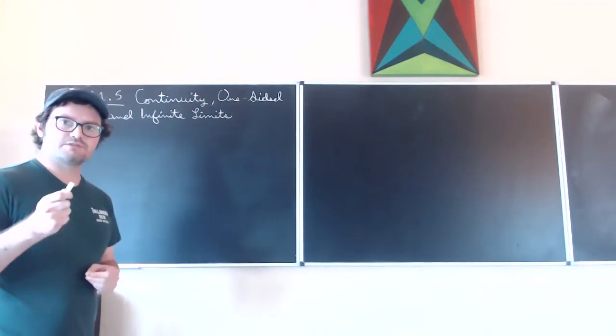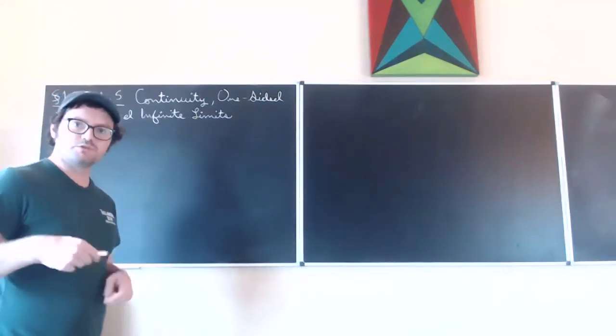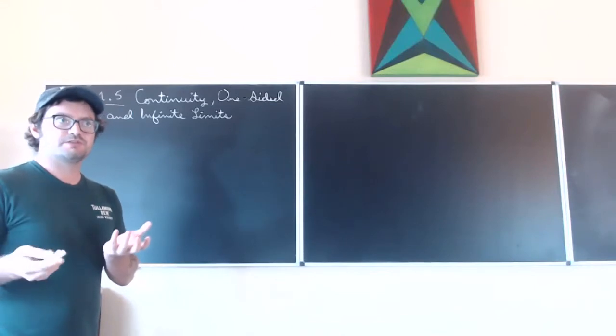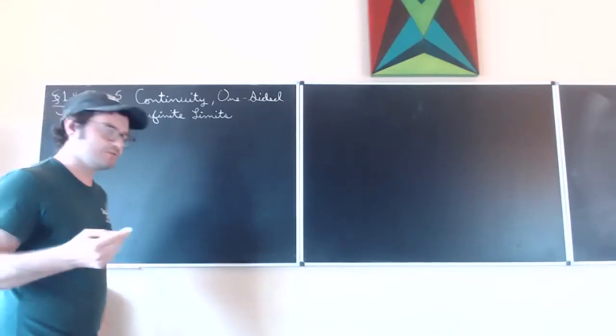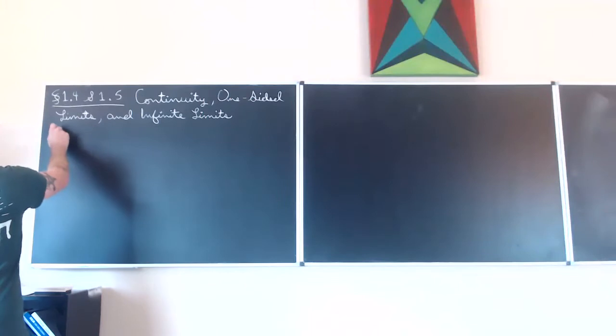So first, I'm going to give a definition of continuity, and then we'll discuss the different ways a function cannot be continuous. So this is the definition.